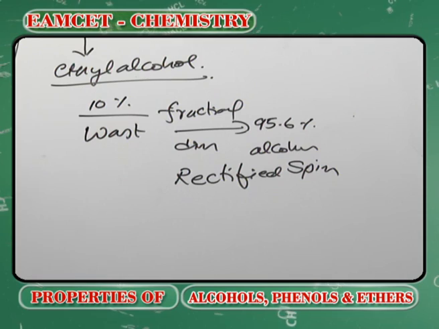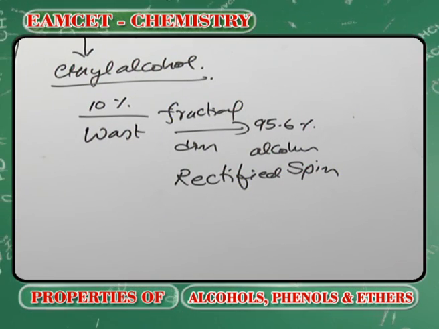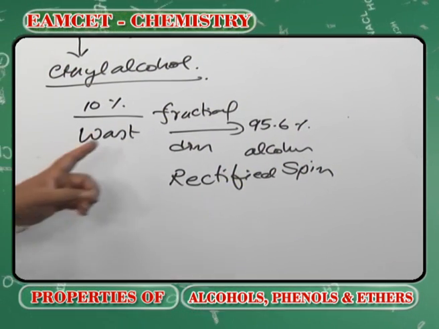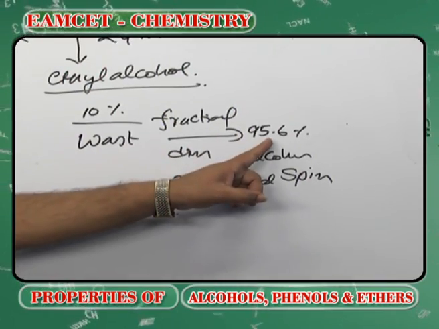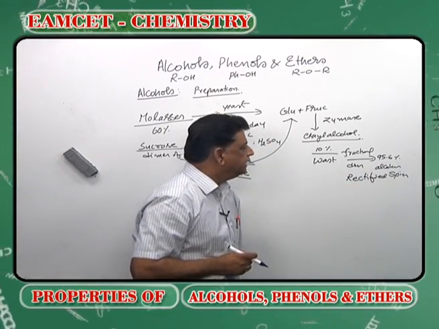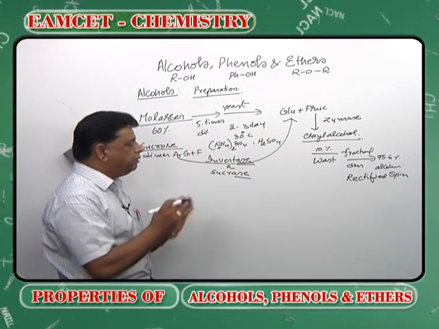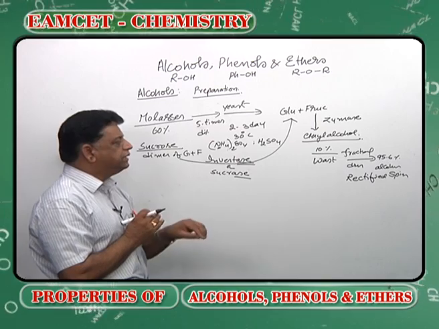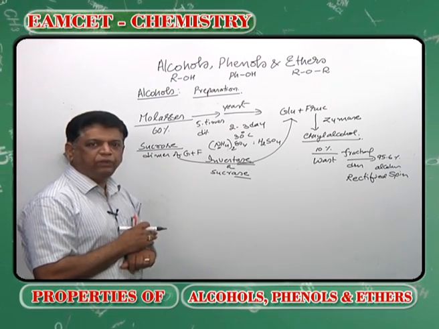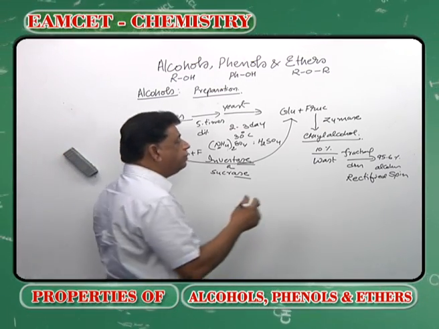That water you cannot separate by fractional distillation, because that 95.6% alcohol and 4.4% water makes an azeotropic mixture.